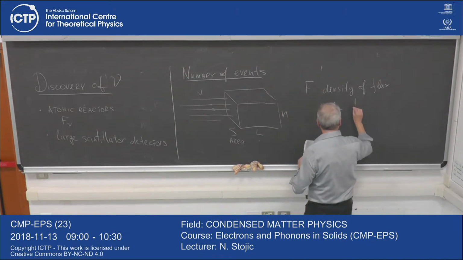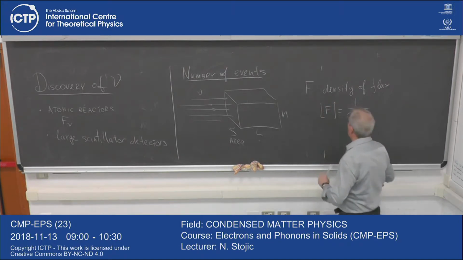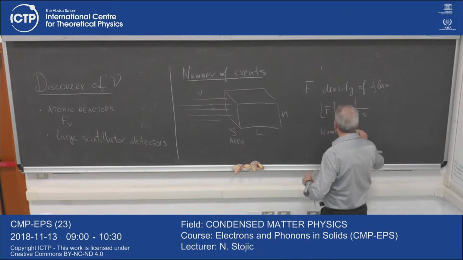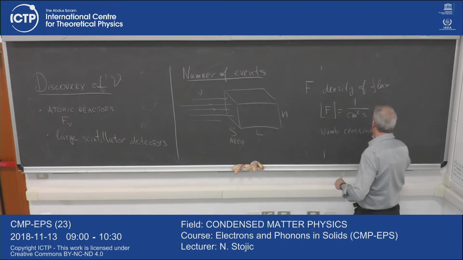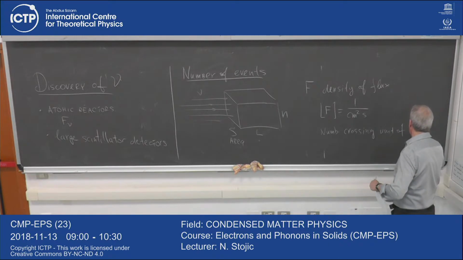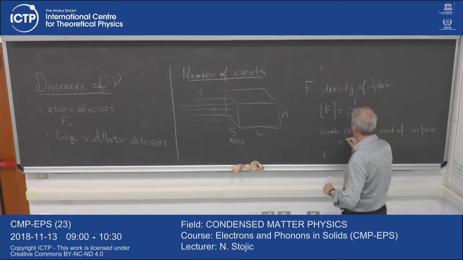So F has dimension 1/(centimeter² second). So this is the number of particles crossing a unit of surface in a unit of time.